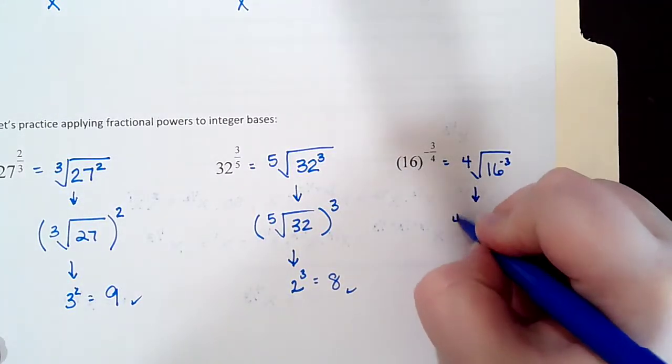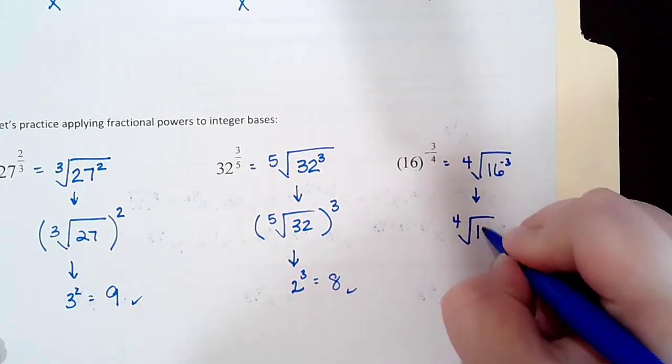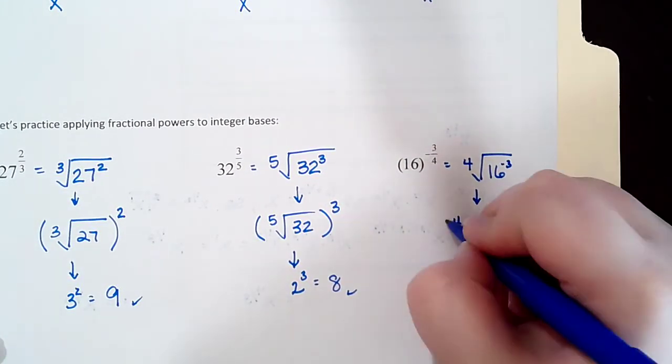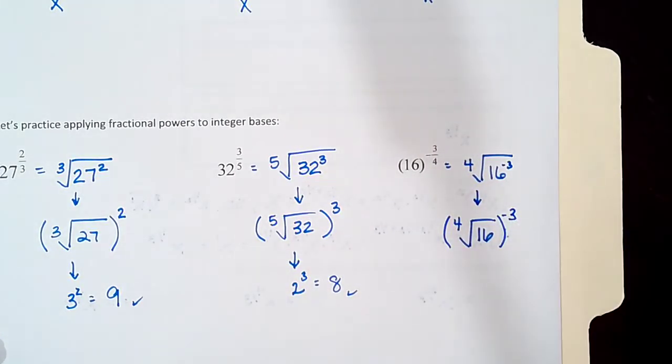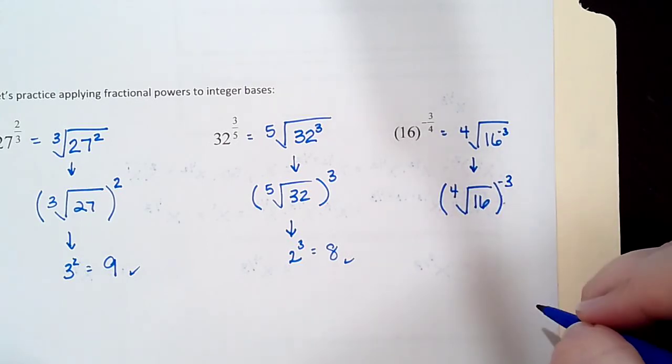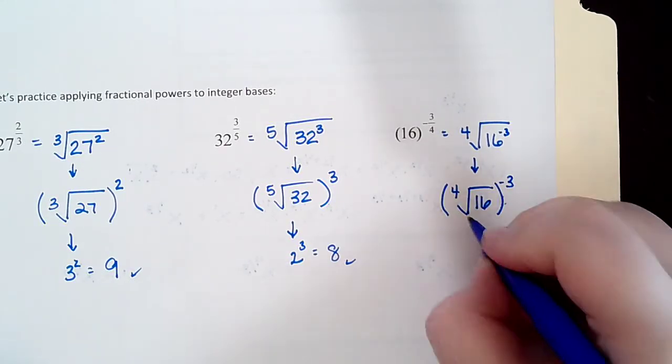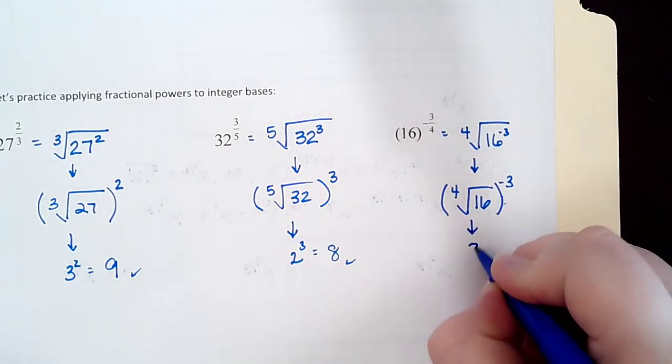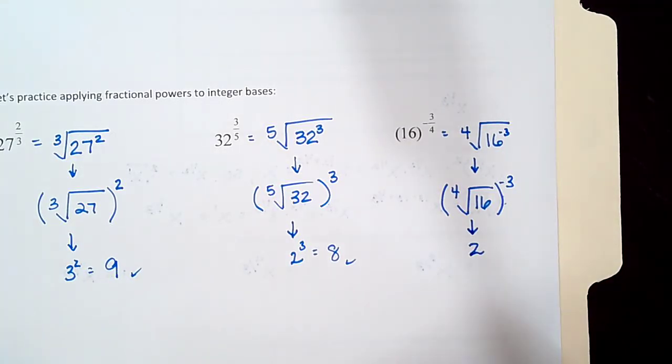I would much rather take the 4th root of 16 and then take all of it to the negative 3rd power. Because when I do that, the 4th root of 16 is 2. 2 times 2 is 4, 4 times 2 is 8, 8 times 2 is 16. Raise it to the 2 to the negative 3 power.